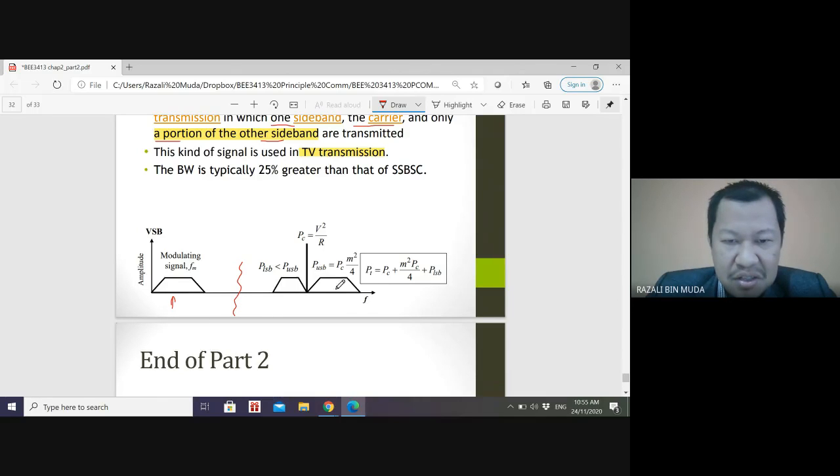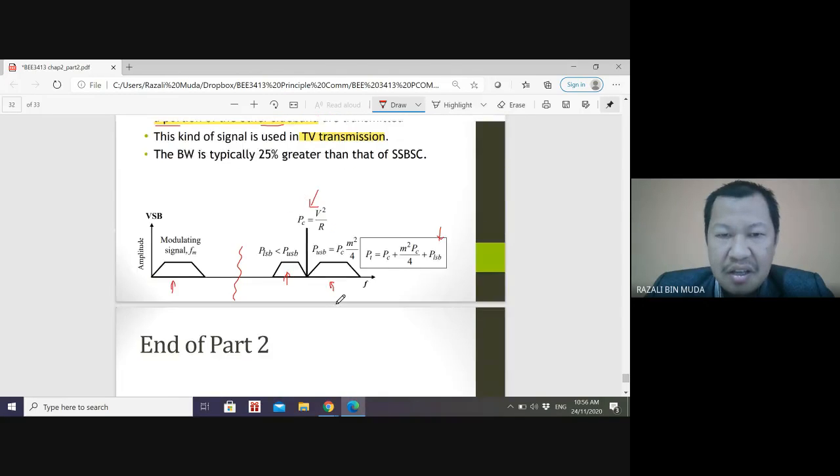This is the upper sideband, this is the portion of the other sideband, and this is the carrier. So vestigial sideband consists of the carrier, the upper sideband, and part of the lower sideband, and the equation becomes like this.